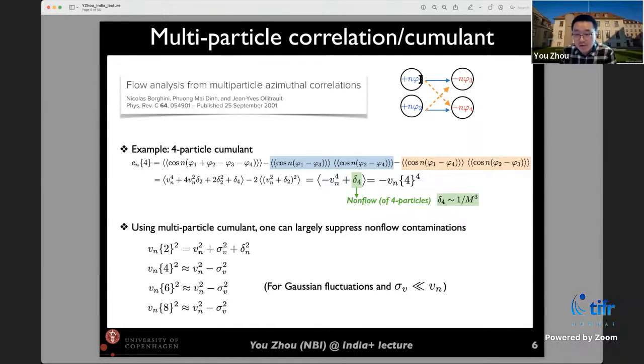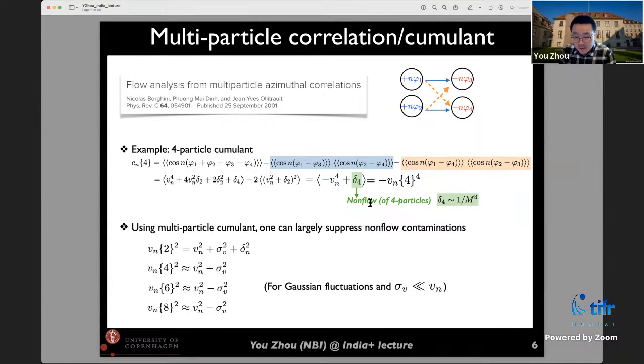We subtract the correlation between phi 1, phi 4, phi 2, phi 3, or phi 1, phi 3, phi 2, phi 4, which are the combinations of 2-particle correlations. So for the all 4-particle correlation, we subtract all the lower order 2-particle correlations. And in the end, you only have Vn to the power 4 plus a non-flow contribution from 4 particles.